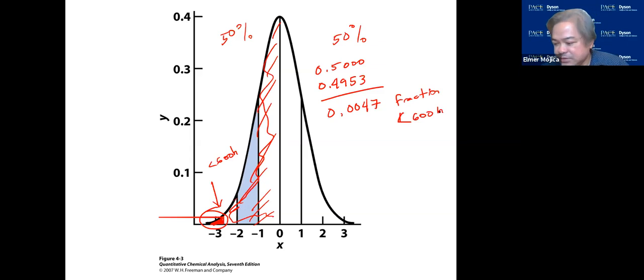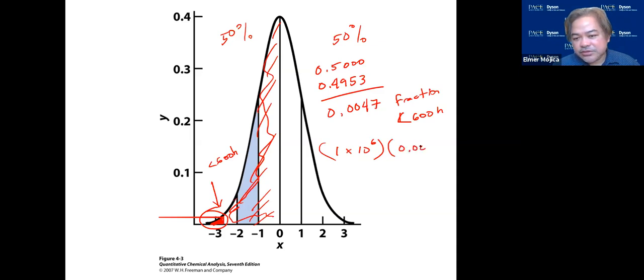600 hours lifetime. Okay, so if you're going to get the percentage of that, so you have what, 1 million, 1 times 10 to the 6. So all you need to do is you multiply 0.0047 to that value.